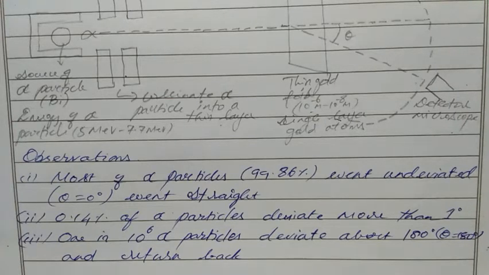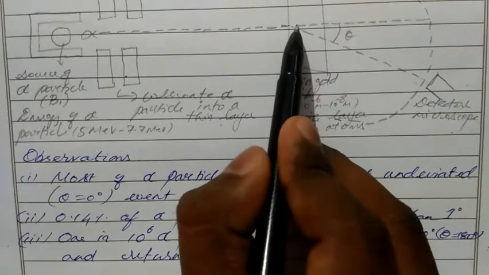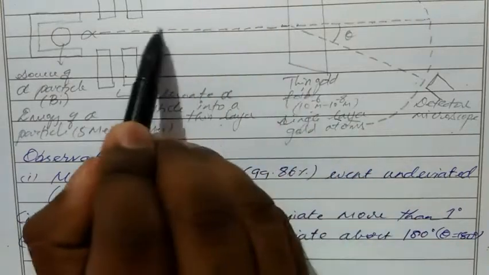So out of about 10 lakhs alpha particles, only one alpha particle that hits the gold foil is returned back at 180 degrees.